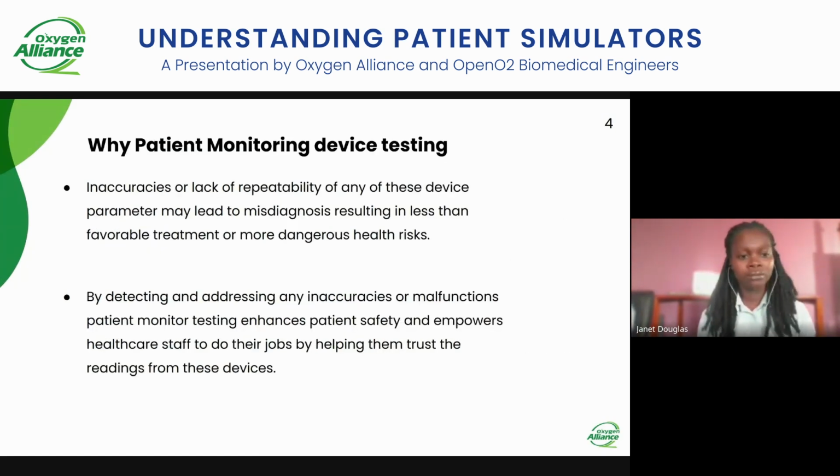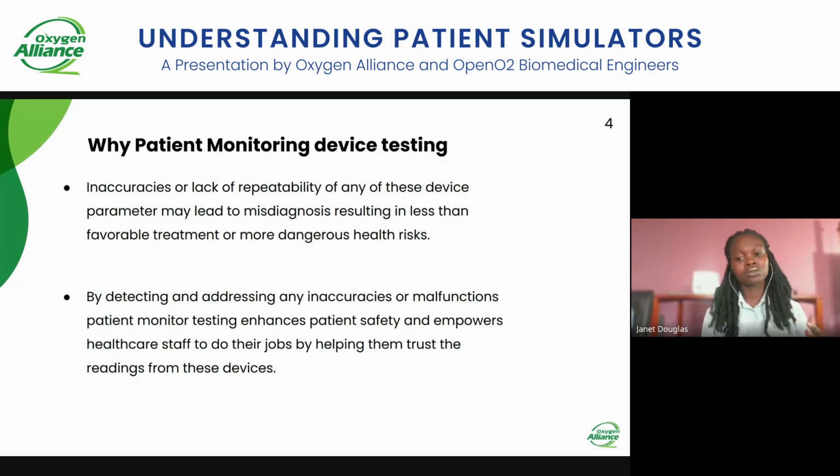So why patient monitoring device testing? We need to test the integrity of these devices because we want to avoid getting inaccurate readings or results. It is also very helpful to healthcare personnel, let's say a doctor or nurse, when they are monitoring the patient and giving treatment, so that they do not give the wrong treatment.